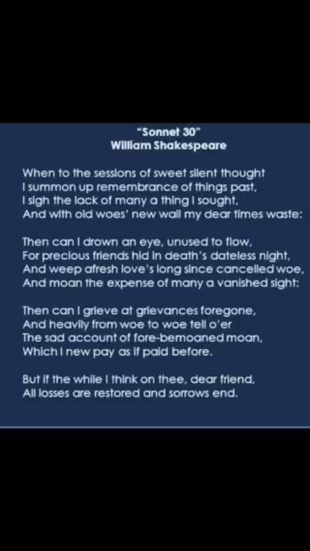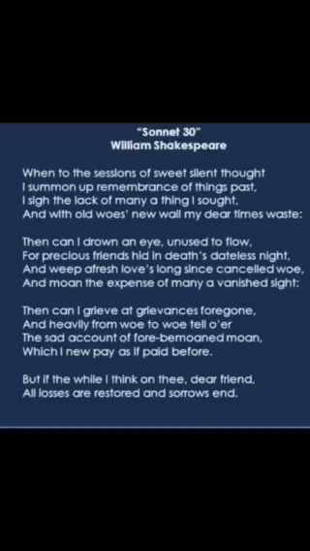Then in the third quatrain, what does he do? "Then can I grieve at grievances foregone, and heavily from woe to woe tell o'er the sad account of fore-bemoaned moan, which I new pay as if not paid before." So what does the speaker do? Then can I grieve at grievances foregone.